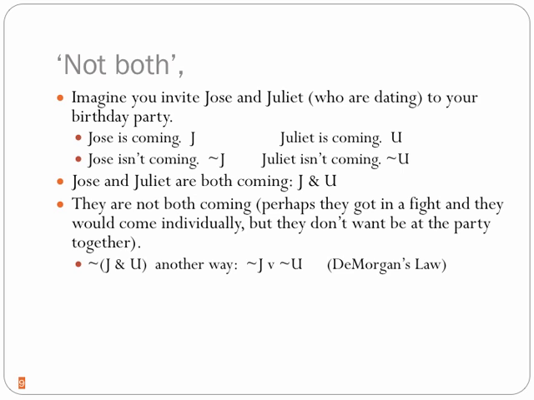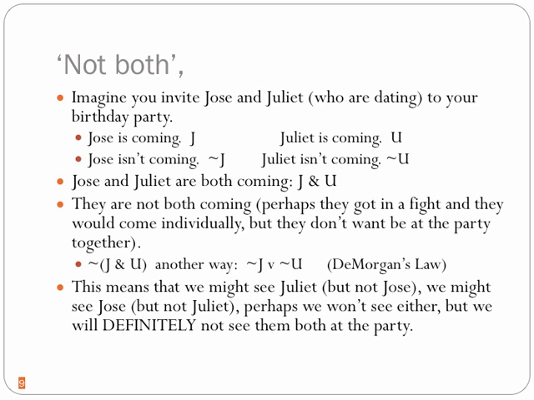But that's too strong. You don't want to say neither is coming. You don't know that. You just know that they're not both coming. Okay, so again, that means that we might see Juliet, but not Jose. We might see Jose, but not Juliet. And maybe we won't see either of them. But what we know for sure is we definitely won't see them both at the party. Okay, so that's not both.